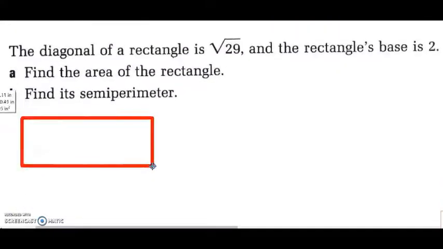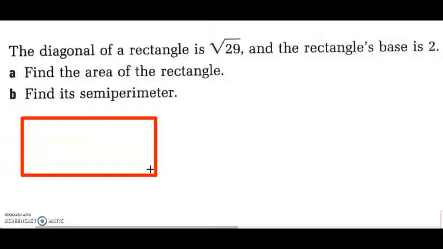The diagonal of a rectangle is root 29. The base is 2. We need to find the other side. Here I'm going to use the Pythagorean theorem. X squared plus 2 squared equals the square root of 29 squared.